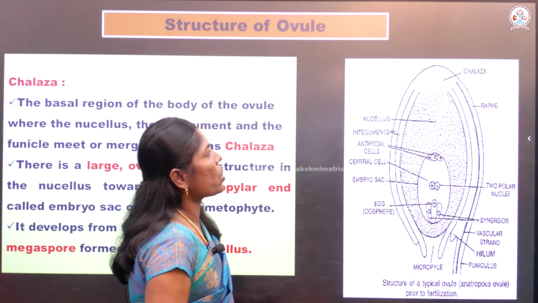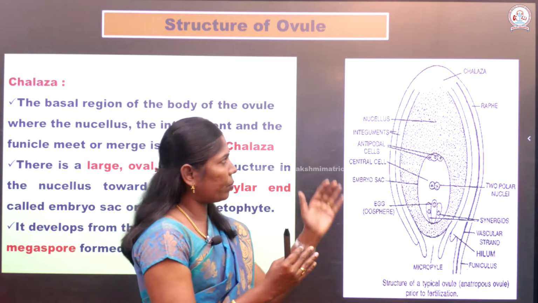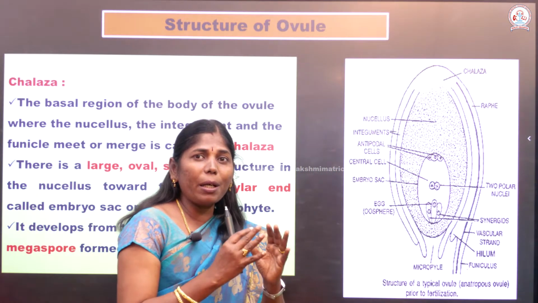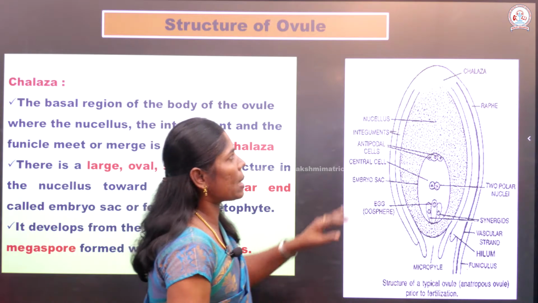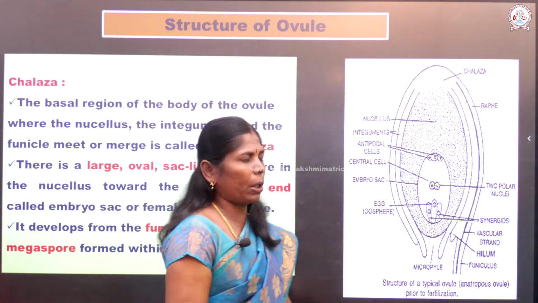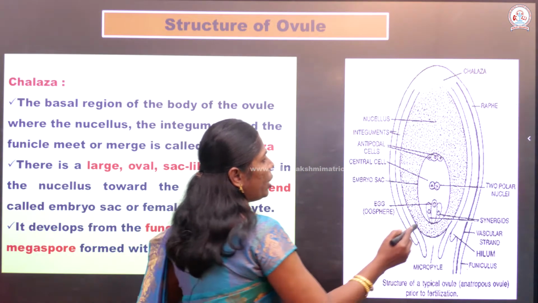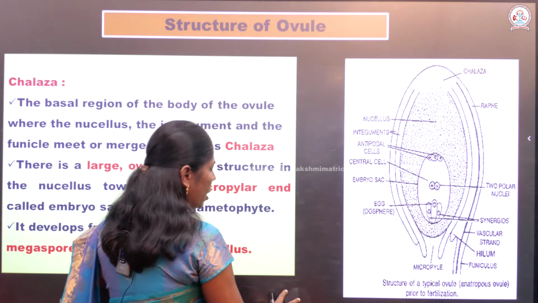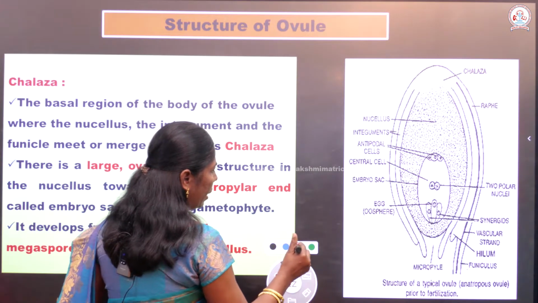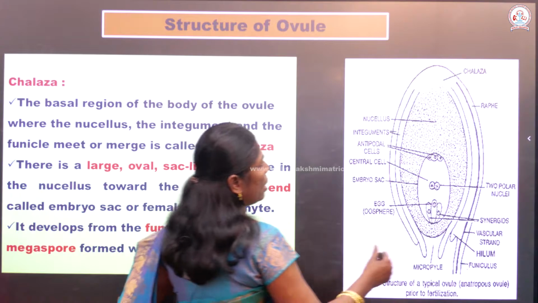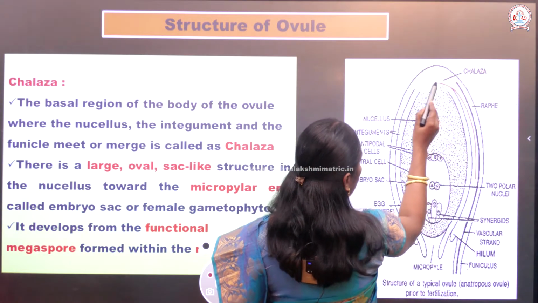In the chalaza, three important parts merge with one another. What parts merge in the chalazal region? One is the integument, another is the nucellus, and another is the funiculus. So the funiculus is merged here, the nucellus is merged, and the integument is merged.